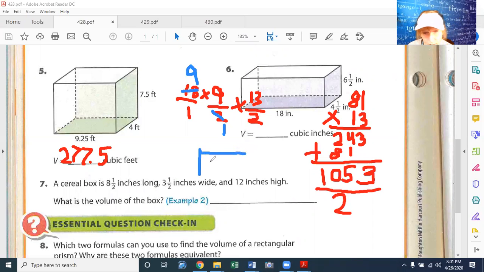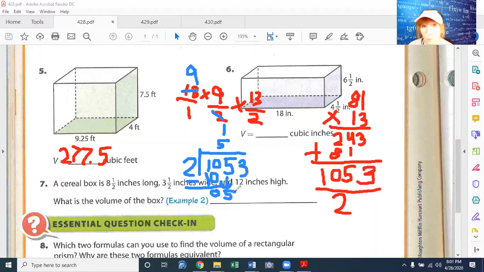Top number goes on the inside. 1053 divided by 2. Okay, so 2 goes into 10 5 times. 2 times 5 is 10. Subtract 10 minus 10 is 0. We're going to bring down the 5. So now we have 2 into 5.